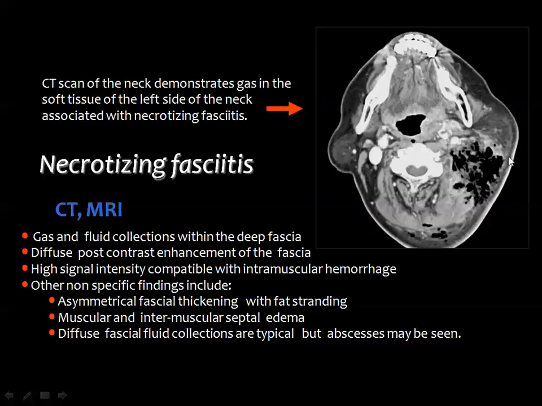You see the obliterated fascial planes and many air loculi subcutaneously and in the deep fascia.